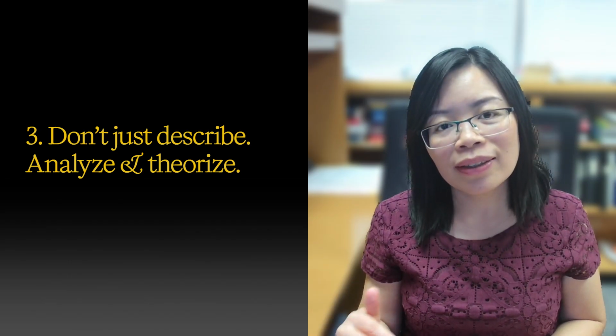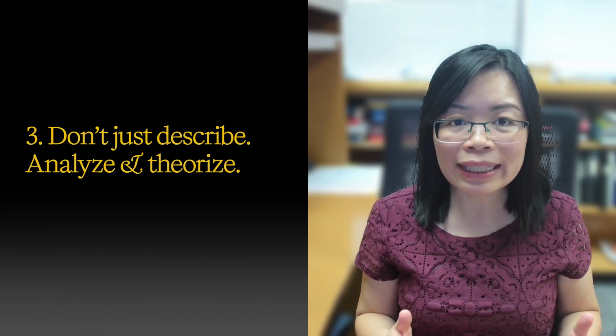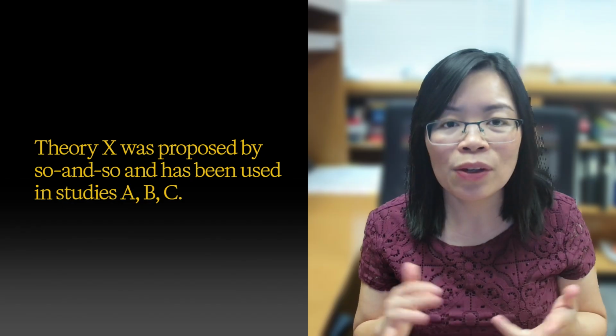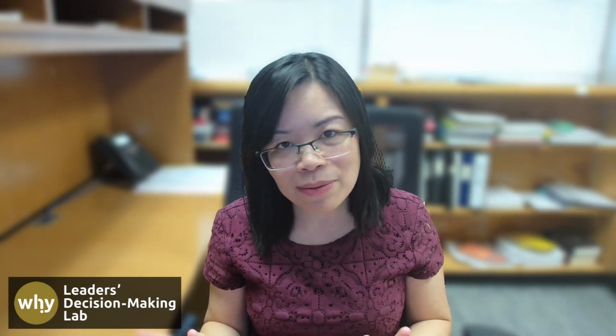We touched on the difference between description and analysis of the literature earlier. Here it becomes essential. Descriptive writing in a literature review may say, theory X was proposed by so-and-so and has been used in studies A, B, C. That's a fine background. But analytical theoretical writing would go further.